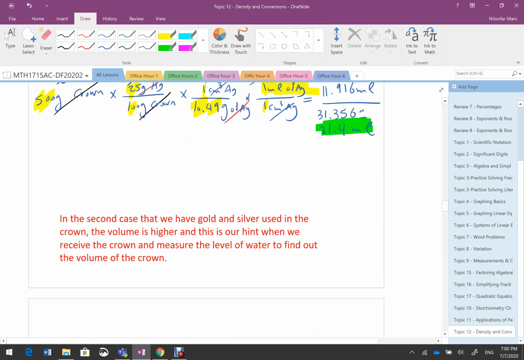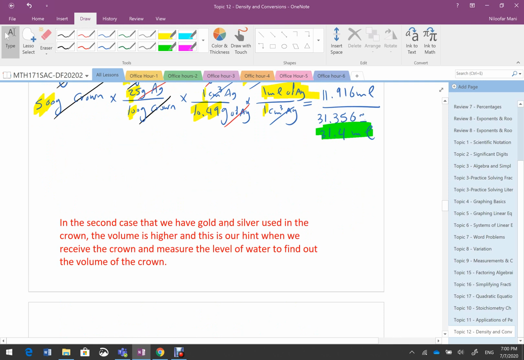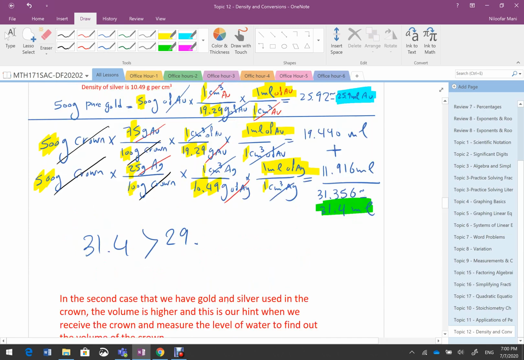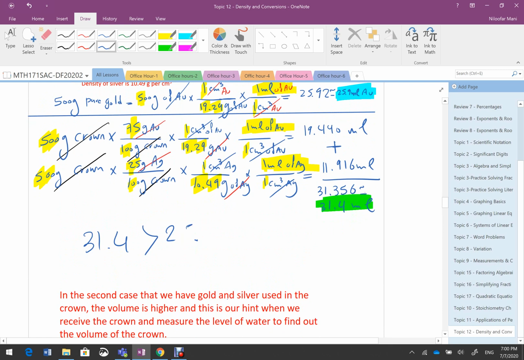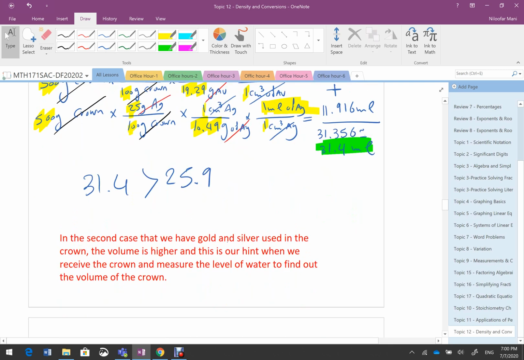See, in the second case, where we have gold and silver, the volume is higher. 31.4 is higher than 25.9. Here is just gold, and here is gold and silver.